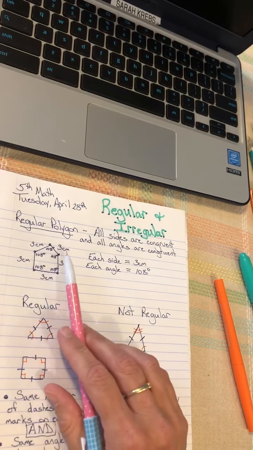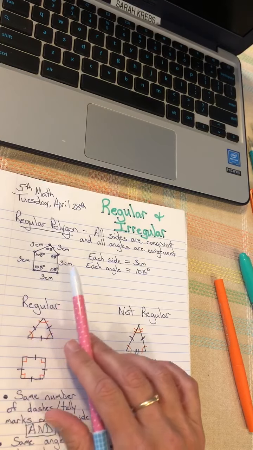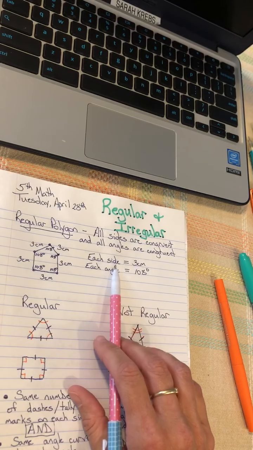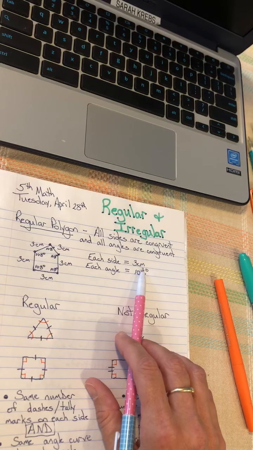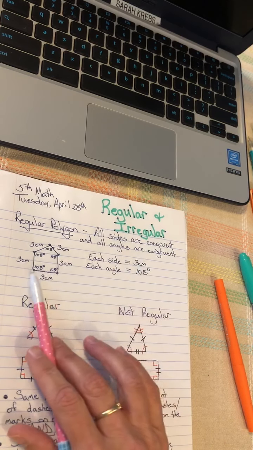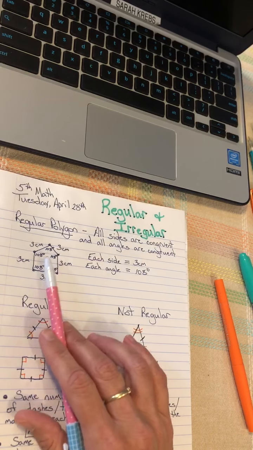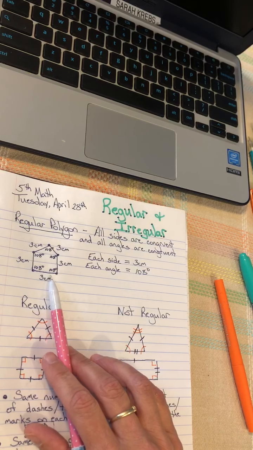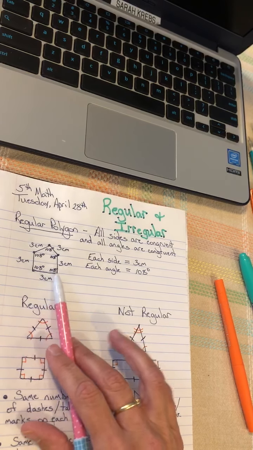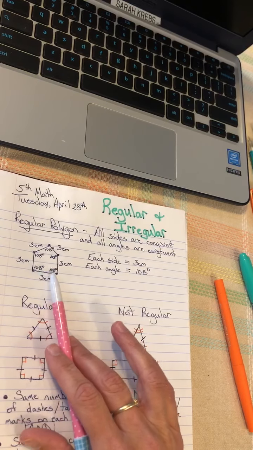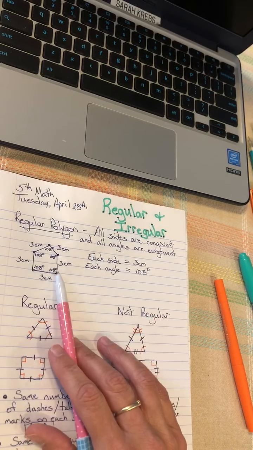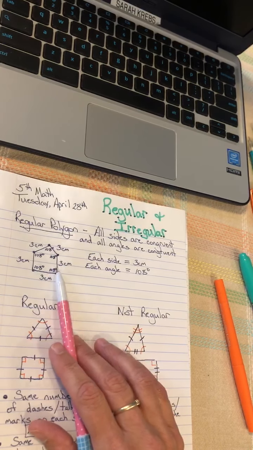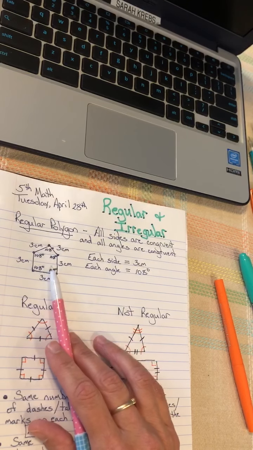Each side is 3 centimeters, so all sides are equal or congruent. Each angle is the same amount, in this case 108 degrees. Each of the 5 angles is 108 degrees. So we would say that this shape is a regular polygon.